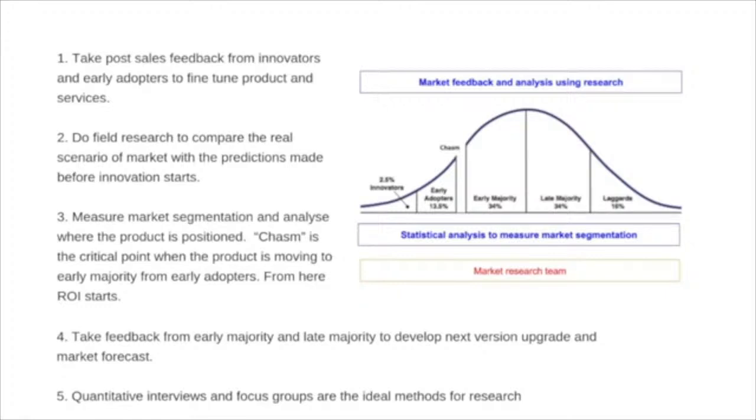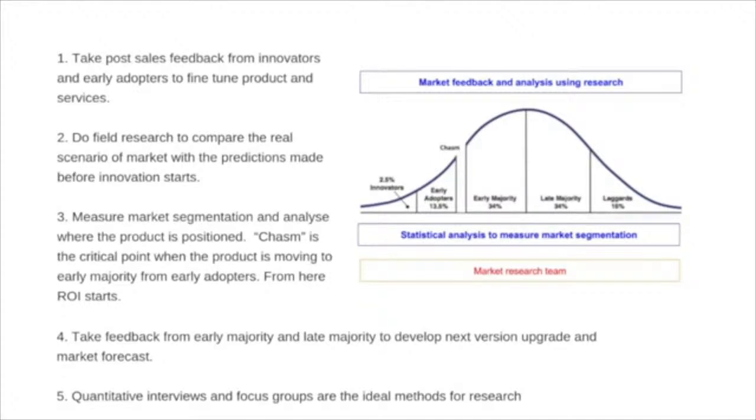This is a theoretical graph. And we take feedback from early adopters and innovators. Then we compare the predictions we made before starting this development to how it looks now. Then measure the segmentation. Here you can see a chart. This is the point where the ROI starts.